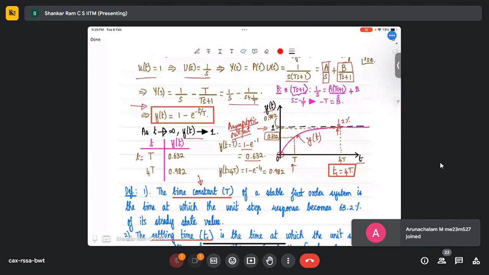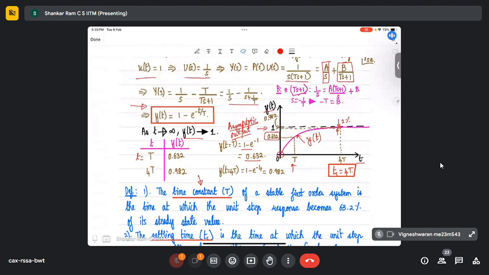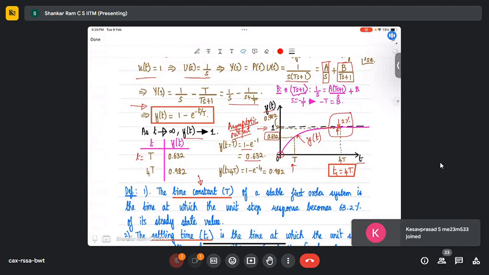If I were to do that, I have to essentially wait for infinite time, right? Because y of t tends to one steady state value as t tends to infinity. But we are all engineers, right? Practically, you and I can't stay till infinity to see which design settles down the fastest. So as an engineering approximation, we ask ourselves, how soon will the output settle down within 2% of the final output?